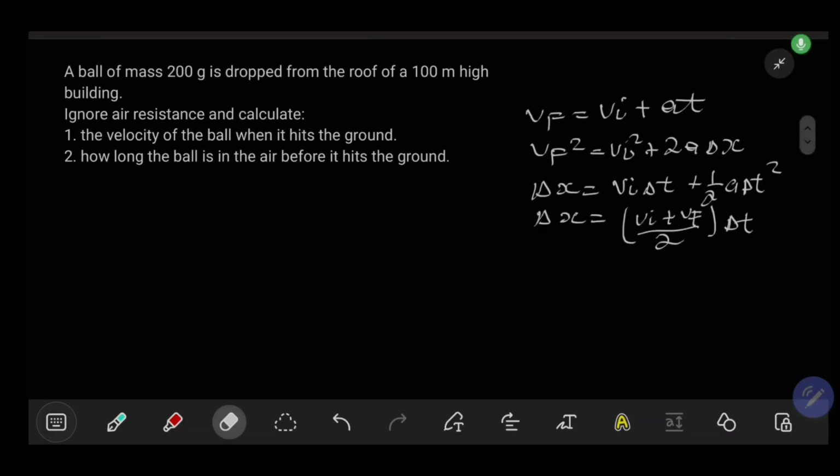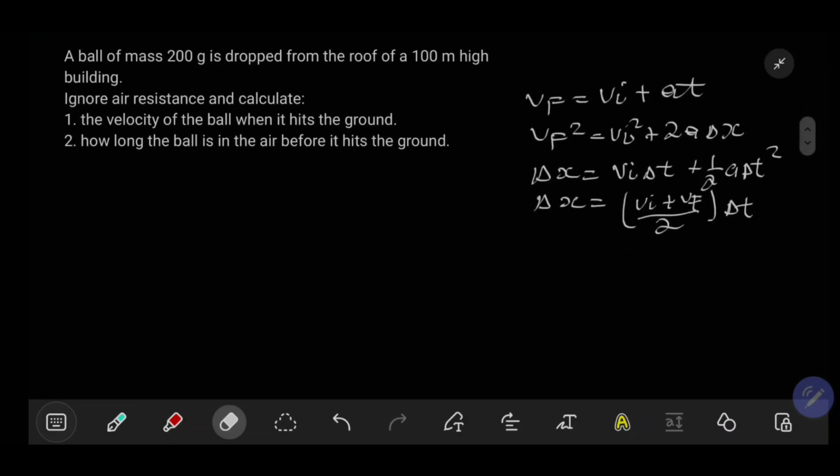So we're given a ball of mass 200 grams, which is dropped from the roof of a 100-meter high building. We must ignore the air resistance and calculate the following. We must calculate the velocity of the ball when it hits the ground, and we must also calculate how long the ball is in the air before it hits the ground.